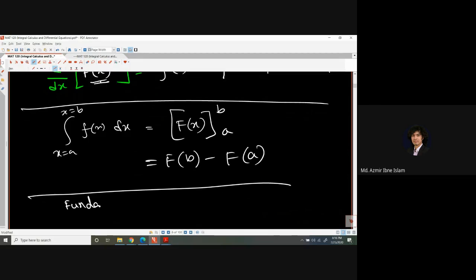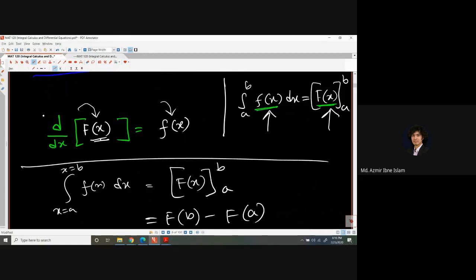The concept I have established here is d/dx of capital F(x) is equal to small f(x).